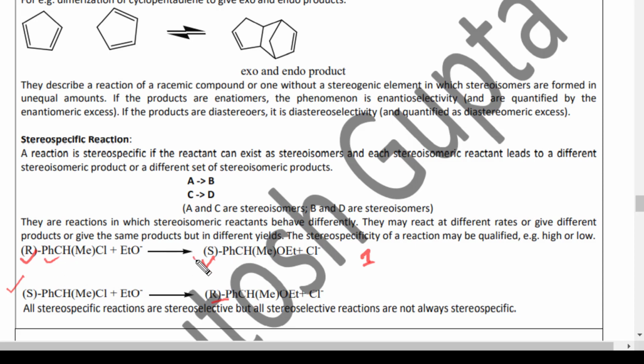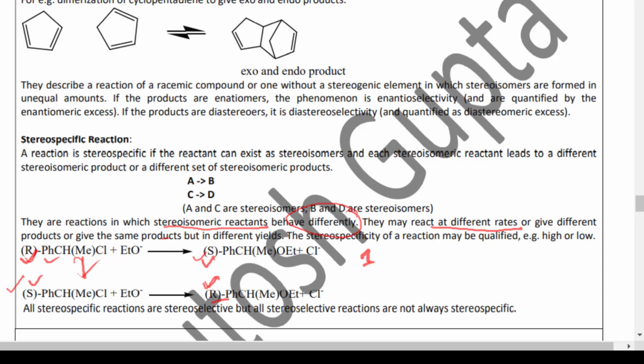From this we get this, from here we get this, only one. It cannot be like we start with this and we get this one, right? And the stereoisomeric reactants both behave differently. They react at different rates. Both of them have different reactivity and give different products.